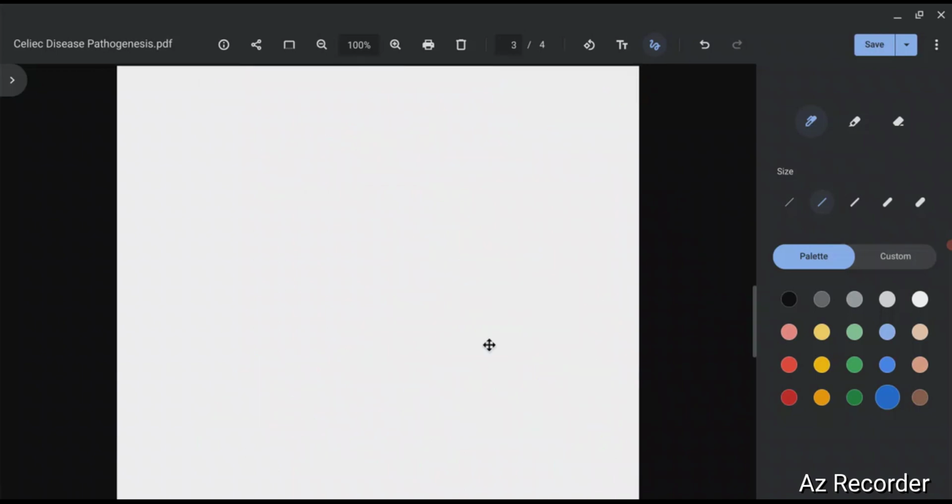Let me explain over here. This is your intestinal wall, and suppose this enterocyte has undergone stress applied by your gluten, actually gliadin. Gluten has been converted to gliadin, right?